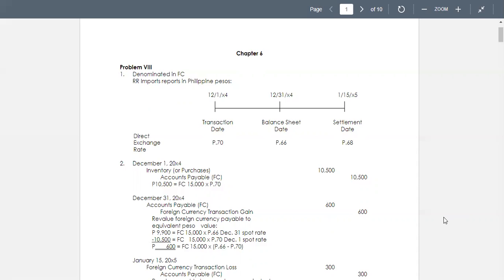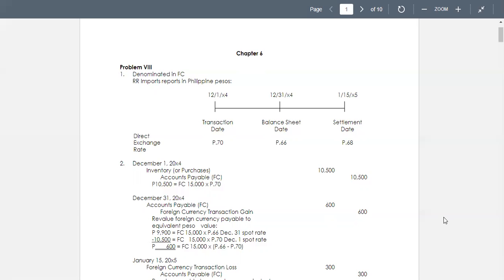RP's fiscal year ends on December 31, and its reporting currency is the peso. The exchange rates are given for December 1, December 31, and January 15 for one FC. We are required to determine in which currency the transaction is denominated, and to prepare the journal entries including the adjustment on December 31 and the settlement.